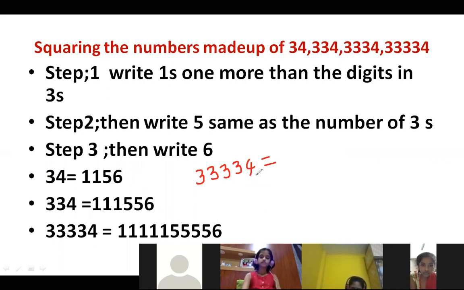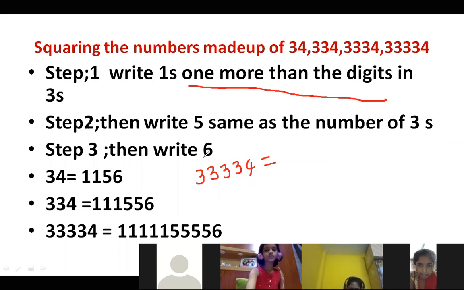Not 3, not 4. How many ones? See, one more than the digits in 3s. You should count the 3s plus one more number.